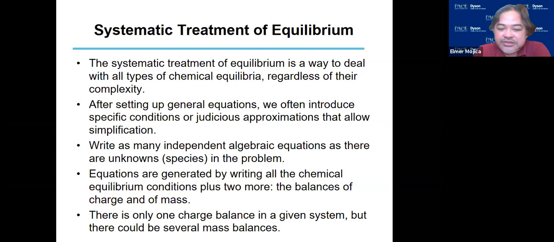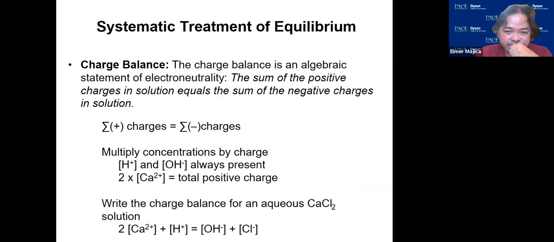These equations are usually generated by writing all the chemical equilibrium conditions plus two more, the balances of charge and of mass. There's only one charge balance in a given system, but there could be several mass balances. So this is a new way of solving problems, especially those systems of equilibrium.